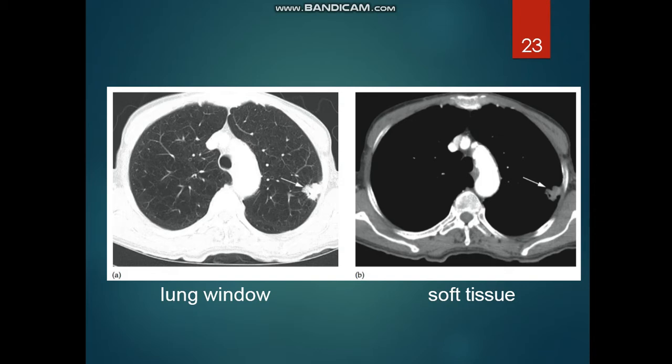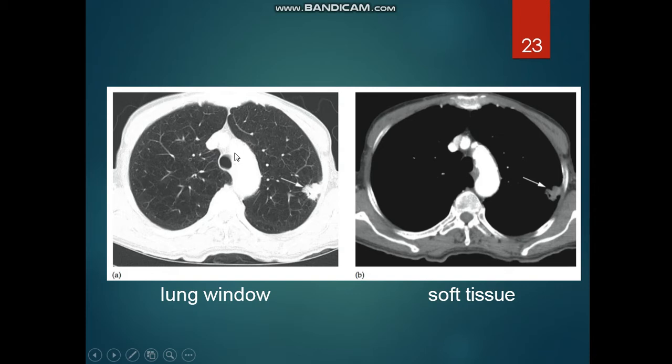For example, in this picture you can see an axial layer of lung window and soft tissue window. A lung window is used to view lung parenchyma, as you can see here.